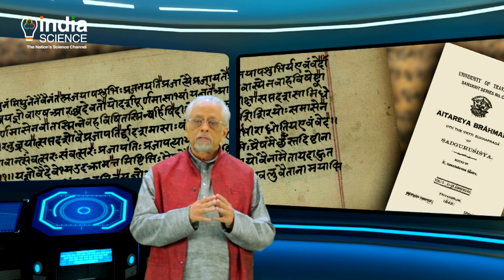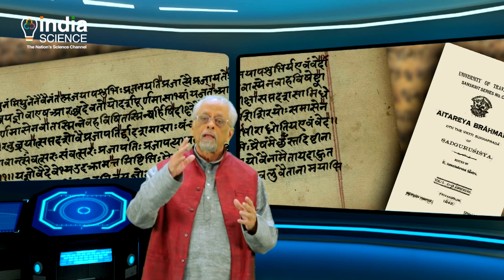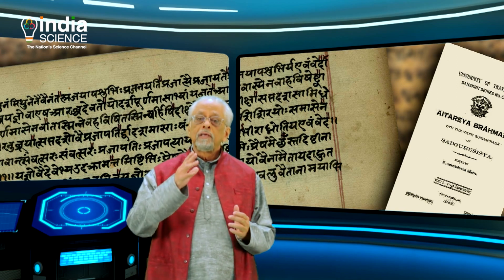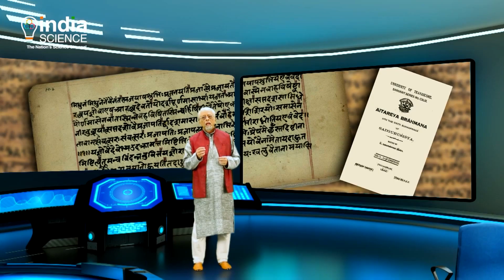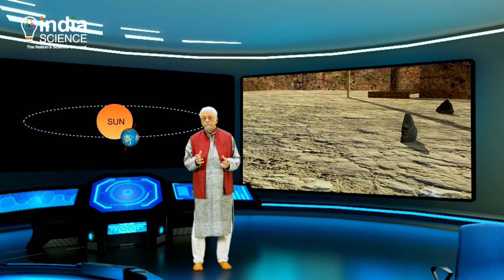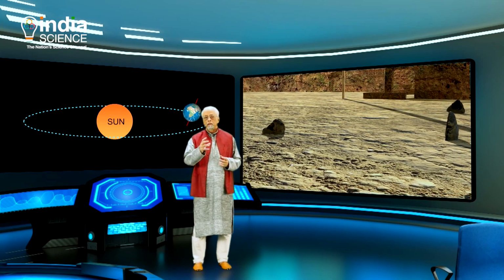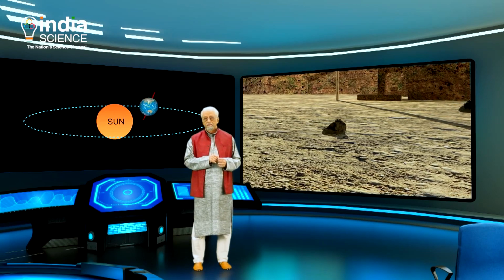These 21 days were divided into 10 days of Uttarayan and 10 days of Dakshinayan, with the 11th day as the solstice. How could they be so certain that the sun actually remained stationary for exactly 21 days?